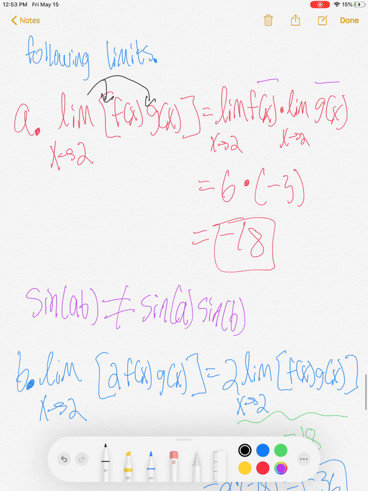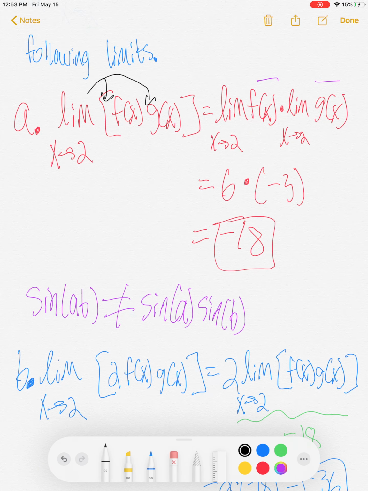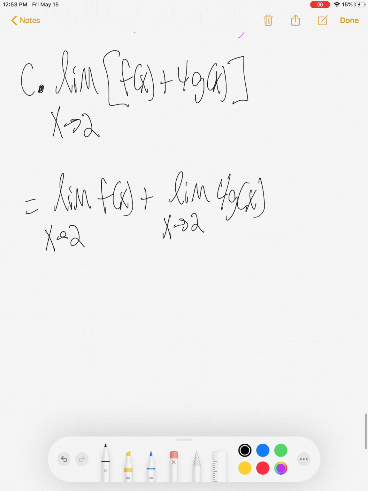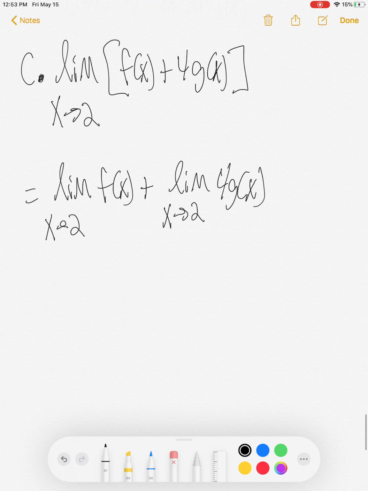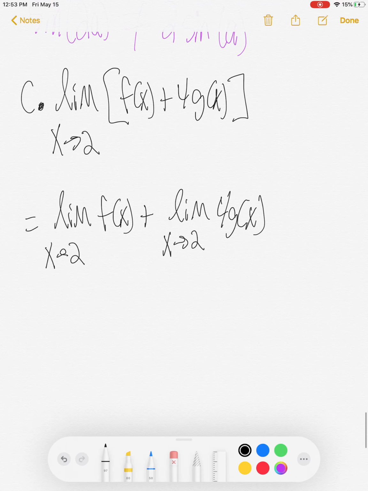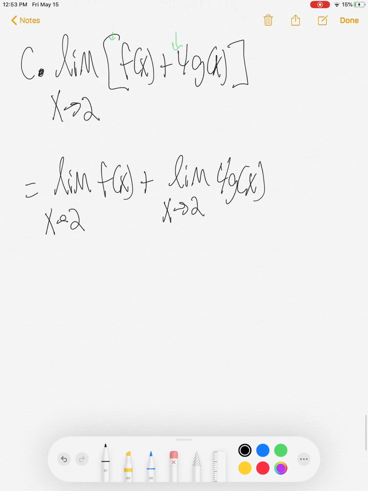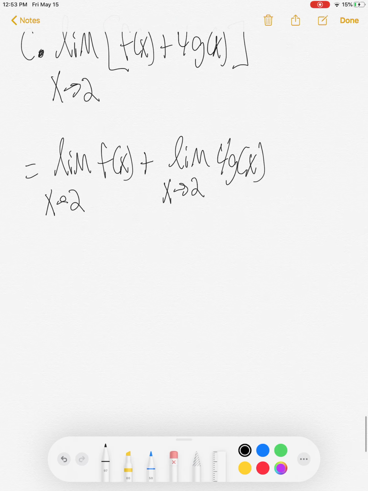Okay, so now we saw in part A, we distributed the limit kind of throughout this multiplication. And here we're demonstrating, or using the fact rather, that I can distribute this limit across addition. You can do it there and there. Okay.